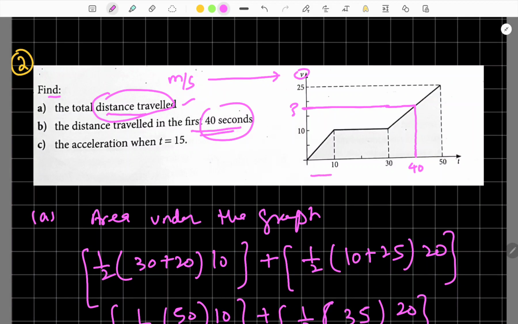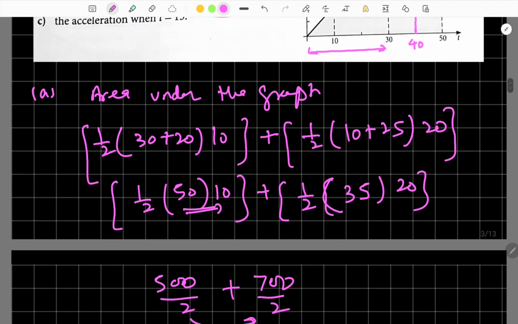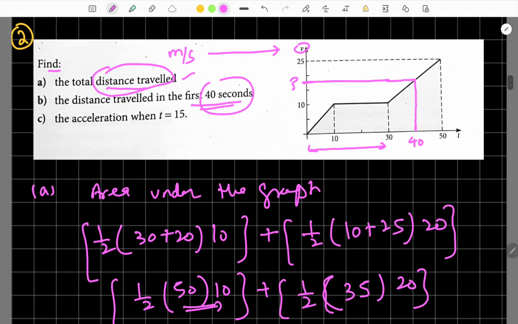The first trapezium, we have already calculated the area till 30 seconds, and that was 250 meters, right? The first part. Yes, we have the area of the first 30 seconds, the distance traveled in the first 30 seconds.